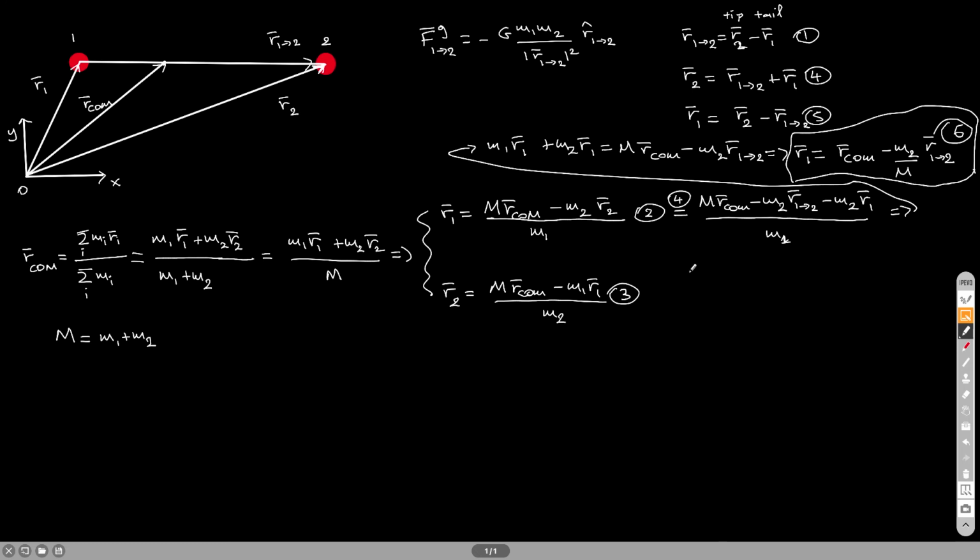Now I'm gonna do something similar here. I'm gonna use equation 5 this time. So let's do m2. I'm gonna move at this point m2 to the other side. m2 r2 equals the mass times the center of mass minus m1 r1. Now for r1, I'm gonna use what I have in equation 5.